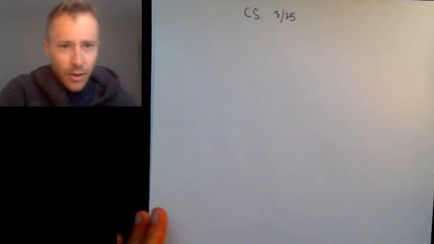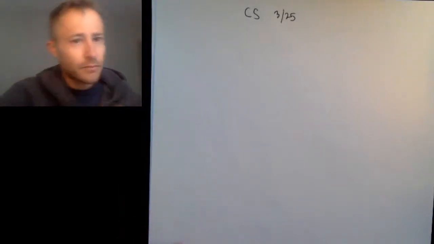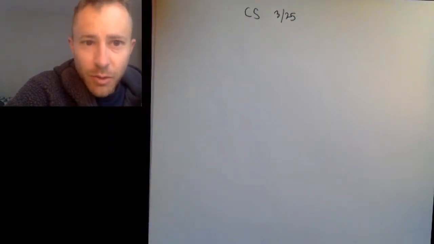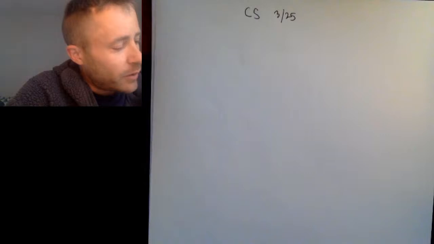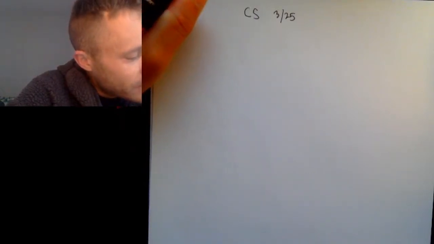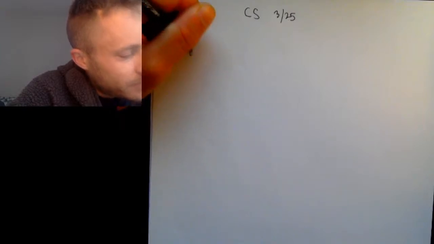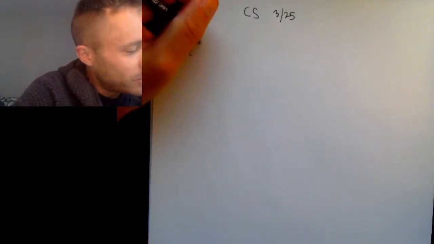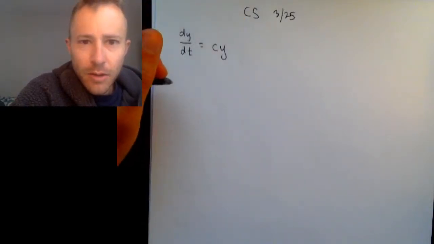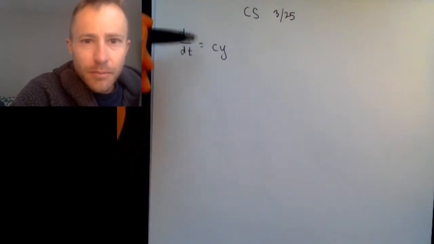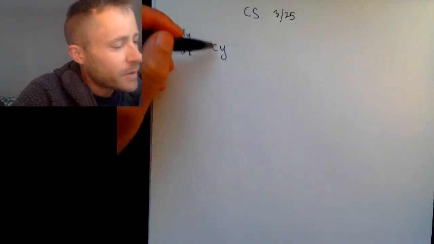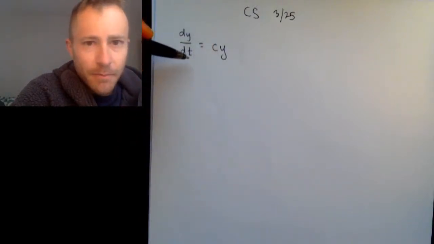So what I want to start off with is to remind you about the first differential equation we talked about, which was dy/dt equals a constant times y. This is called the rate of change of y.